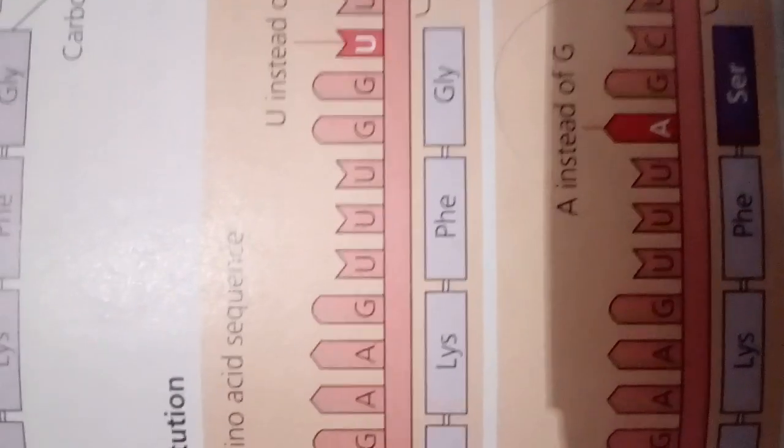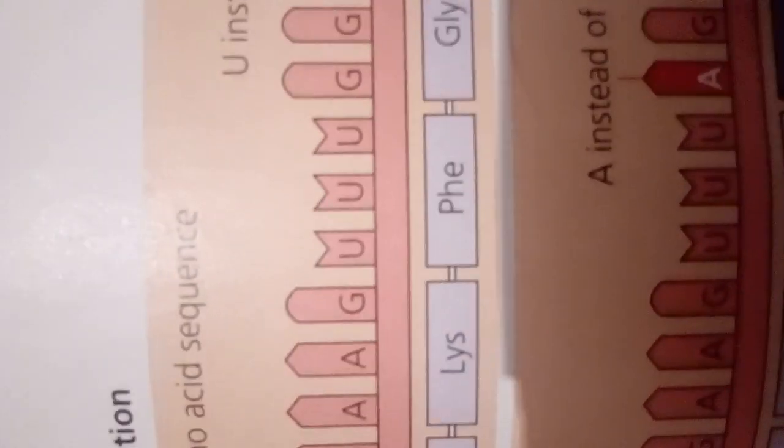Other substitutions may change an amino acid but have little effect on the protein. The new amino acid may have properties similar to those of the amino acid it replaces, or may be in a region of the protein where the exact sequence of amino acids is not essential to the protein's function. However, the base pair substitutions of greatest interest are those that cause a readily detectable change in a protein.